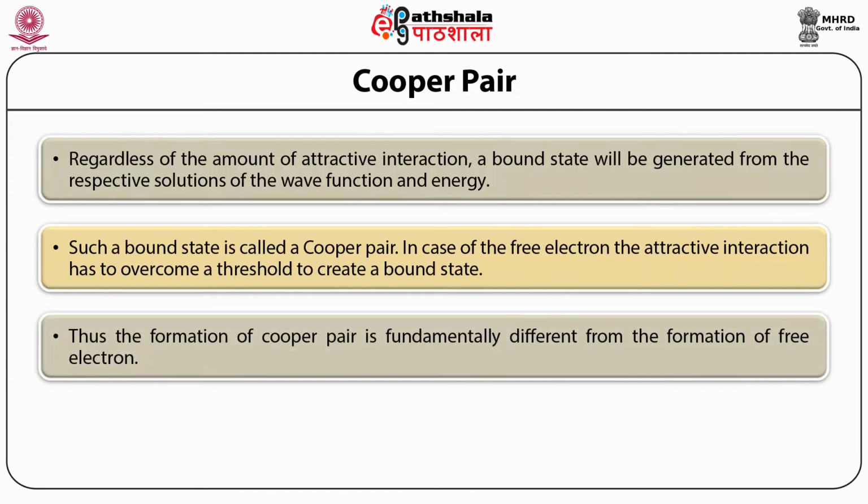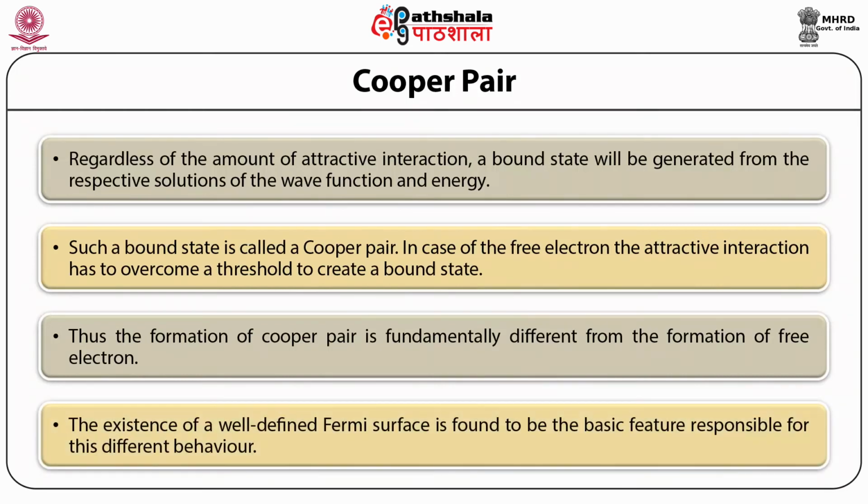Thus, the formation of a Cooper pair is fundamentally different from the formation of a bound state of free electrons. The existence of a well-defined Fermi surface is the basic feature responsible for this different behavior.